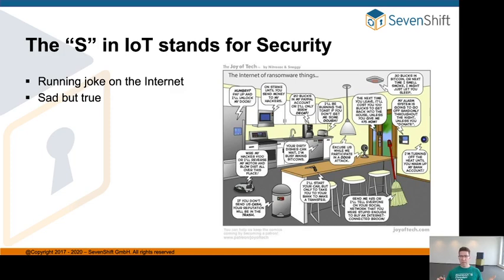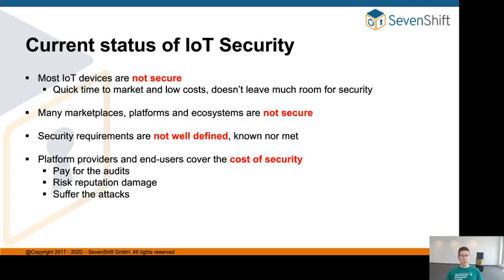There's a running joke on the internet, it's been there for a long time, that the S in IoT stands for security. Which normally tends to mean that there's lots of devices out there that are not secure, which we tend to agree is actually sad but true. Most of the IoT devices we picked up out there have not been secured.